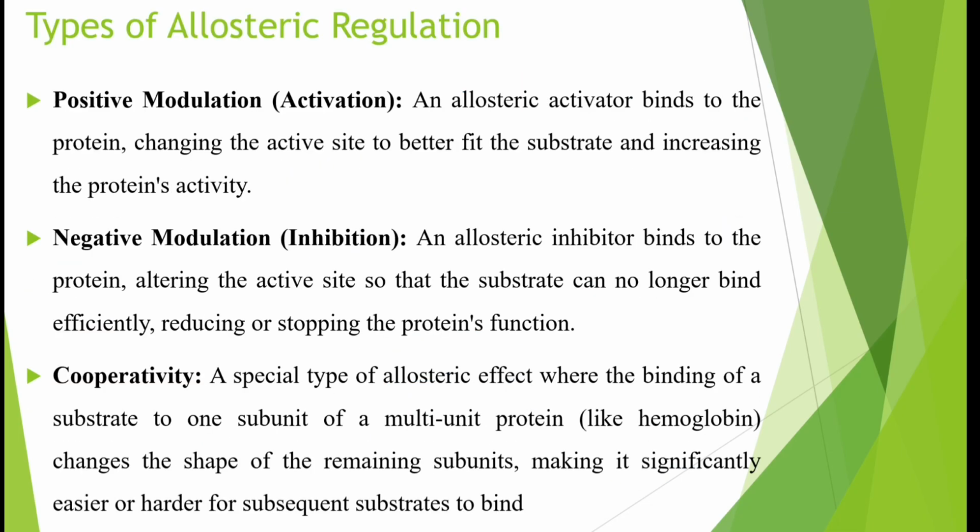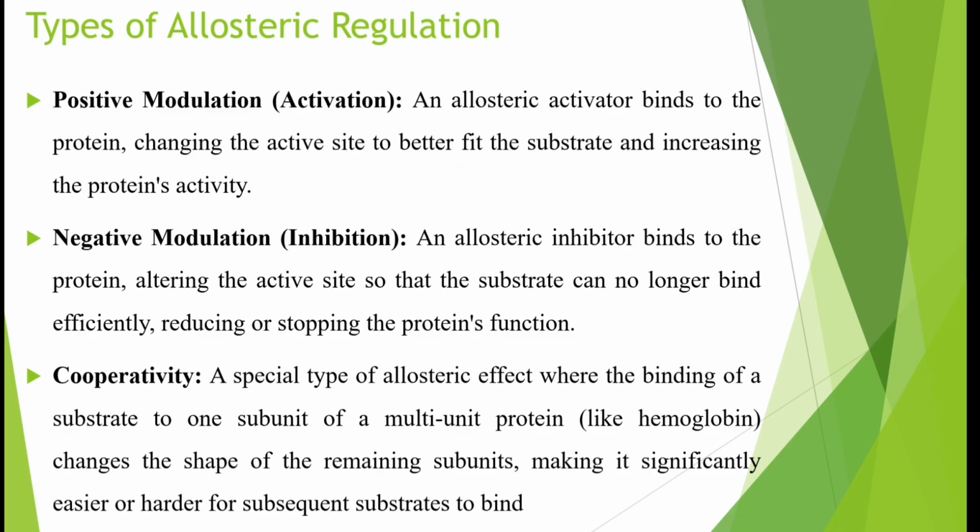So what is allosteric regulation? It will show either allosteric activation or allosteric inhibition. Sometimes the allosteric molecule shows a positive effect, sometimes a negative effect. An allosteric activator, the positive one, binds to the protein or enzyme, changing the active site to better fit the substrate and increasing the overall enzymatic activity.